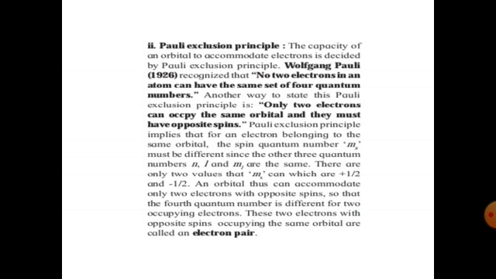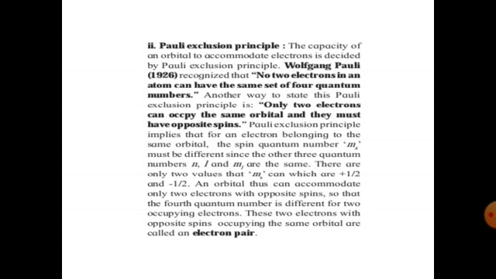The other three quantum numbers n, l, m are the same. Only their spin quantum number should be different, while the principal, azimuthal and magnetic may be the same. There are only two values that the spin quantum number can have, plus half or minus half.